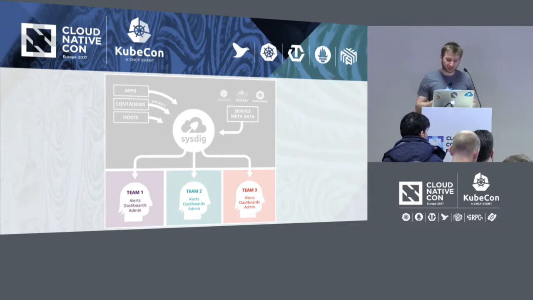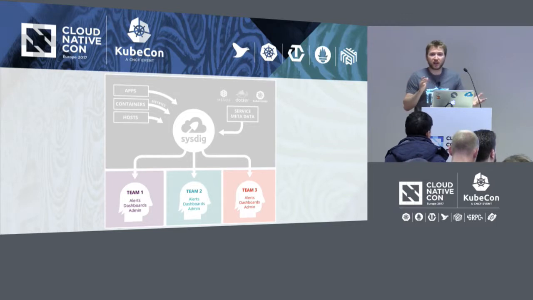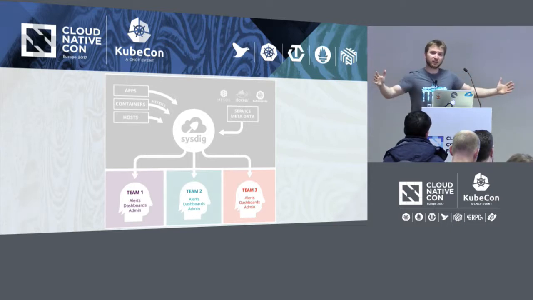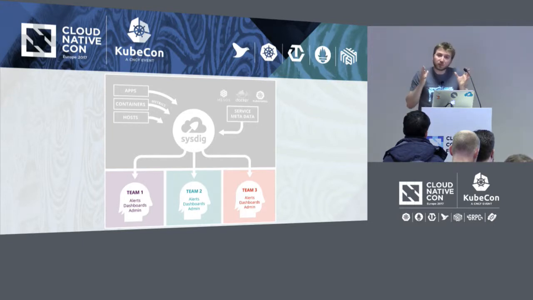Then, and this is the trick, if we know that one team owns a subset of the infrastructure, it could be a namespace, it could be a deployment, it could be something else, something defined by just labels, we can choose to route the subset of metrics that apply to this team to a different entity from a monitoring perspective, which means different set of logins, essentially a sandbox for monitoring, so that people can use a big cluster that can be shared across multiple teams, and every single team can have a unique view of the infrastructure as they like it.